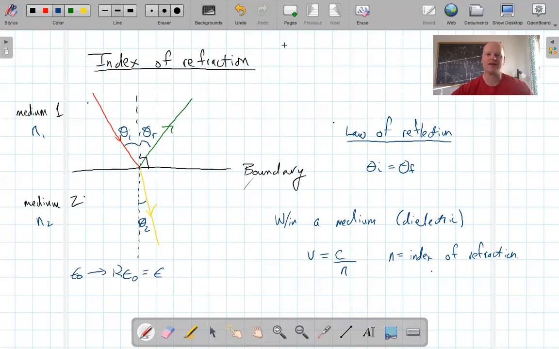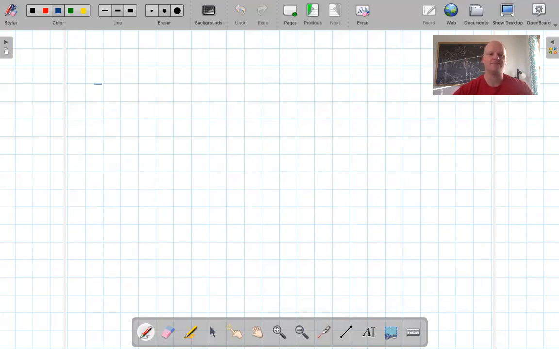Or another way you can think about this is if this is my second medium, and I have a photon. A photon is the quantum particle which makes up light. Let's say here's my photon traveling in this direction. We usually call that a gamma. When it's inside of the medium, photons actually couple to charge.